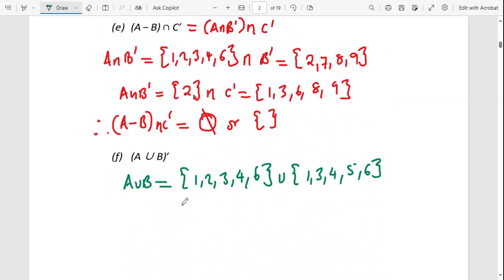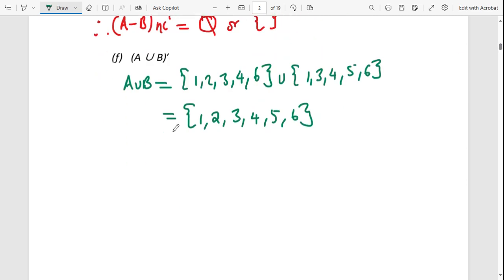So this is going to be the union, remember, is combining. So combine these sets. You have got 1 in the first set, 2 in the first set, 3 in both, 4 in both, 5 in the second, 6 in both. That's a union. Okay. But now we want the complement.